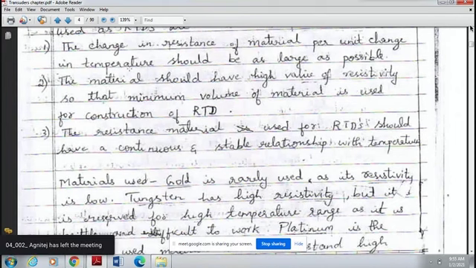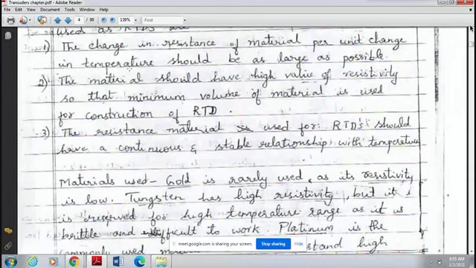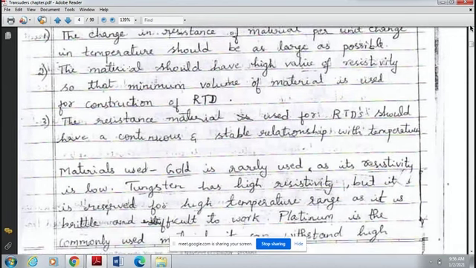So gold can be used, but the resistivity of gold is very low, so gold is rarely used. Tungsten can be used only for measuring higher ranges of the temperature, and it is brittle and difficult to work with, so tungsten is also not selected.